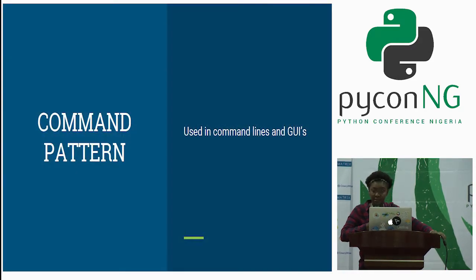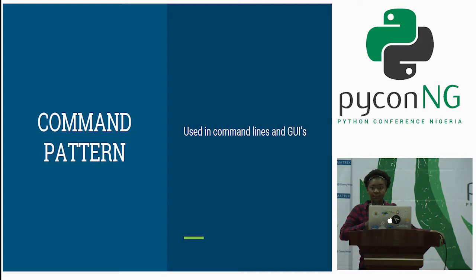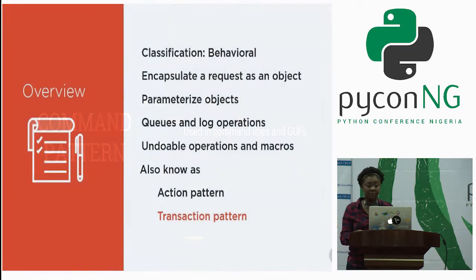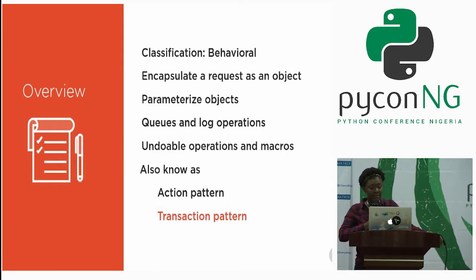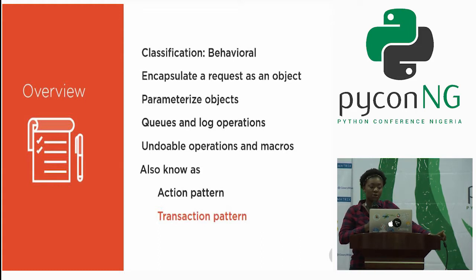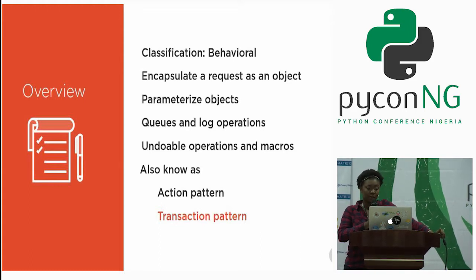There are other patterns, but because of time, I'll just list some. We have the command pattern. The command pattern is also behavioral, and it encapsulates a request as an object, parameterizes objects, queues and logs operations, and supports undoable operations and macros.